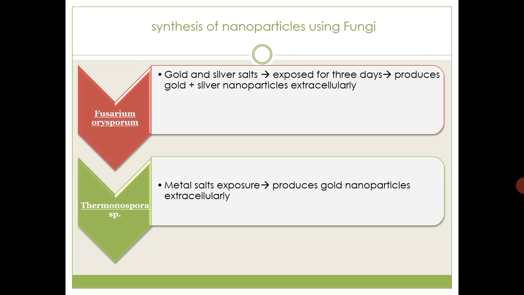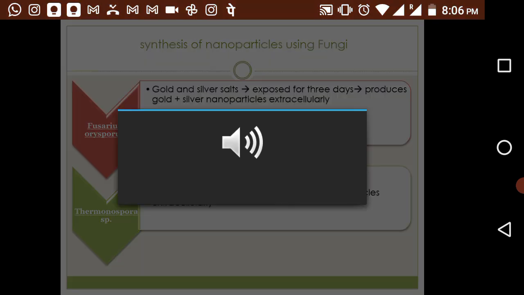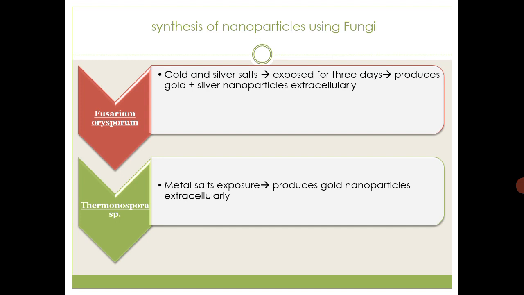Now this species can produce the gold nanoparticles extracellularly when exposed to the gold metal salts. Now you can see both the species producing the nanoparticles extracellularly, whereas in the bacteria they can be produced extracellularly, also intracellularly.